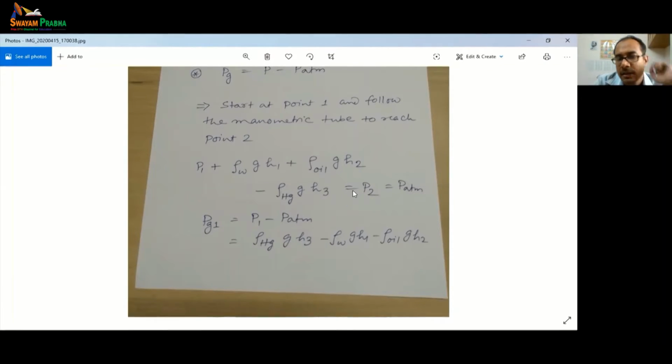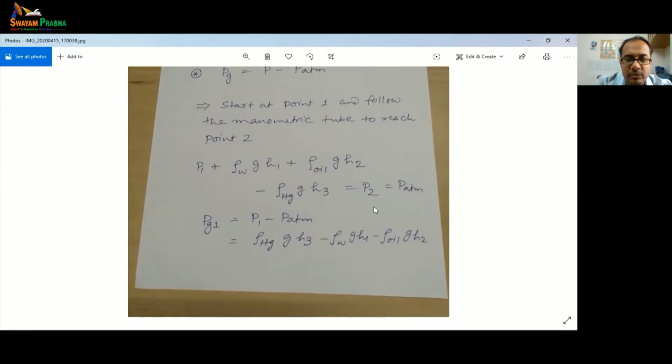By doing this we reach point 2, that means the pressure will be P2 there, and as point 2 is open to the atmosphere, the pressure will be P atmosphere. So this is the basic equation that we are getting, which will give us the pressure of the entrapped air. Okay, so in the next line we are writing Pg1, that means the gauge pressure at point 1, which is nothing but the absolute pressure P1 minus the atmospheric pressure P atm.